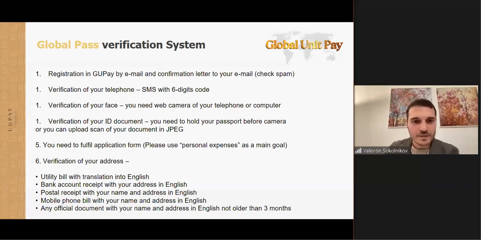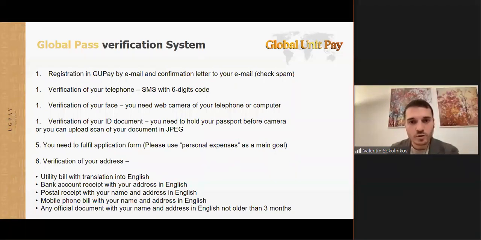Because in this case, it is the Russian Federation. The internal passport is valid for Russia only. If you go abroad and want to buy a SIM card, no one will sell it because your passport is not valid in this country.